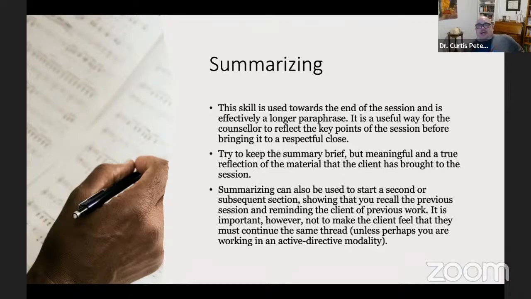summarizing is basically when you, as the group facilitator, get up, or you say, okay, let's review what we've talked about in this session. Okay, and you bring up important points, poignant points that certain individuals in the group may have made during that session.